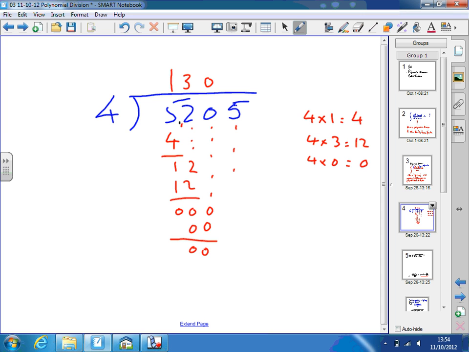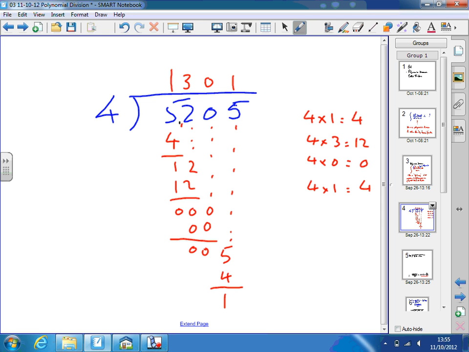And then you bring down the next number, which is the 5. And you say 4's into 5 goes once. What is 4 times 1? It's 4. 4 goes underneath. So therefore, 5 take away 4 is 1. We've got a remainder.